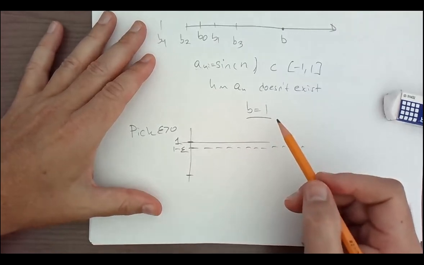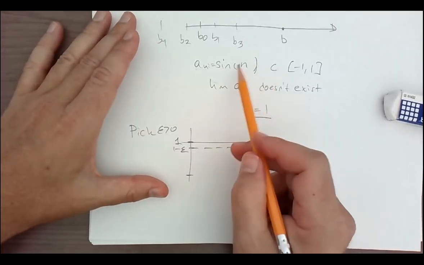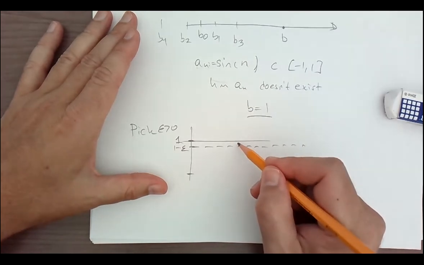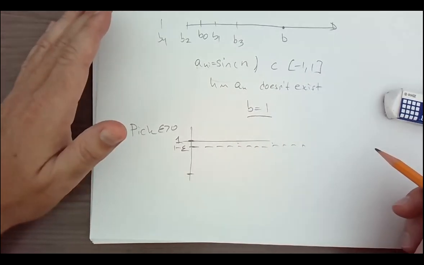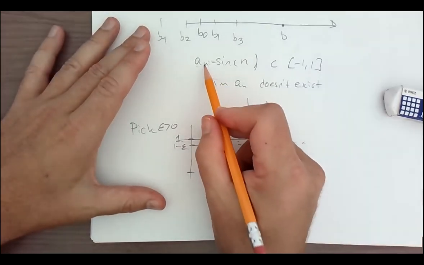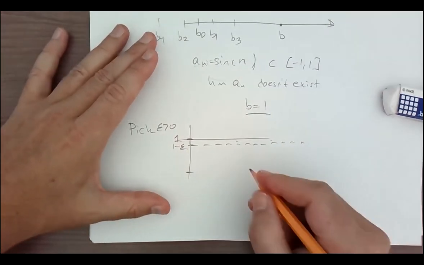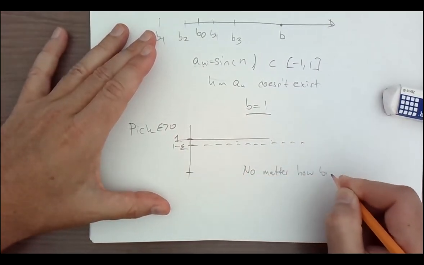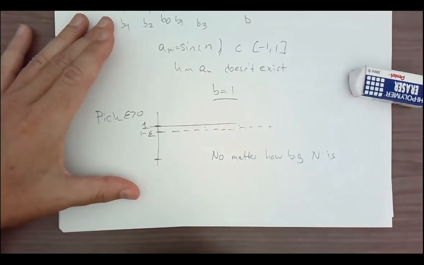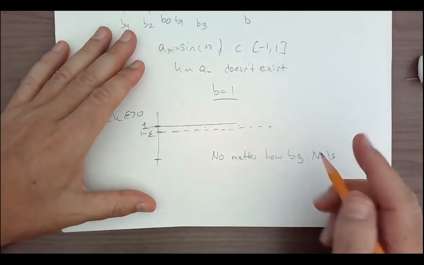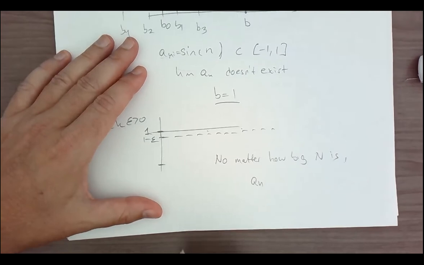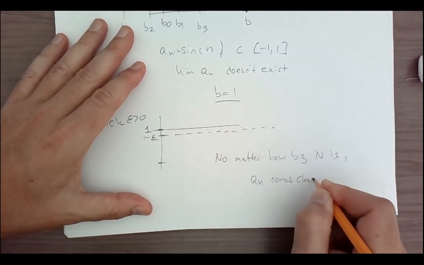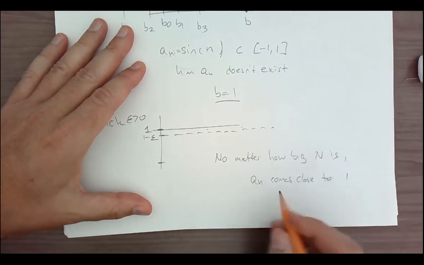For b to be a cluster point for that sequence of sine n, what would have to happen is that this sequence would come into this neighborhood infinitely often. So no matter how big n is, a_n comes close to 1. What does it mean to come close to 1?